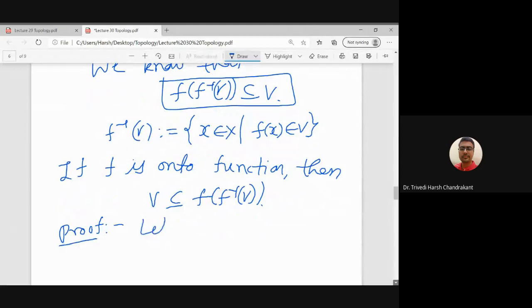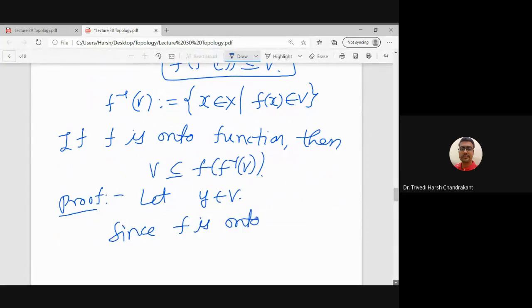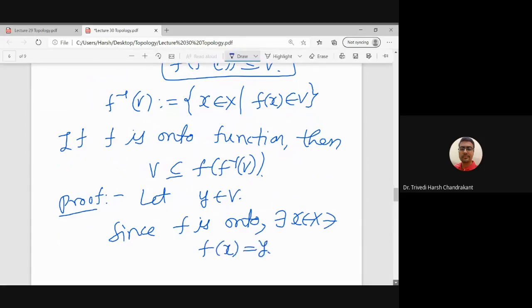Let us take any element y belongs to V. Since f is onto, there exists x in X such that f of x equal to y.